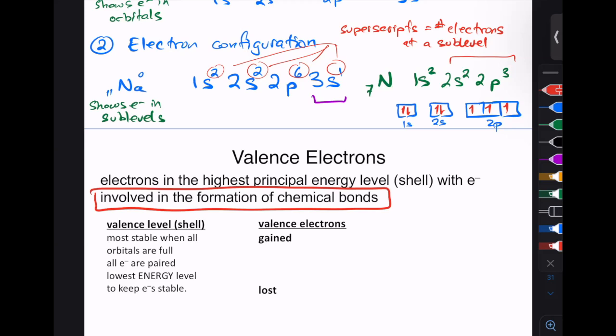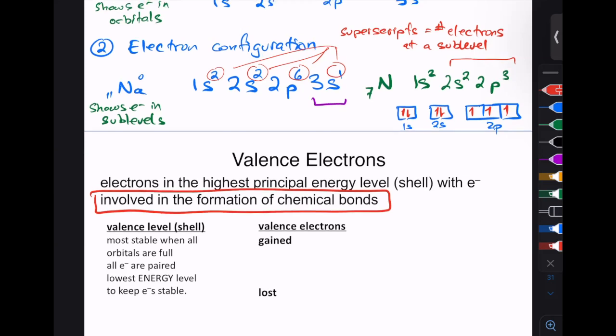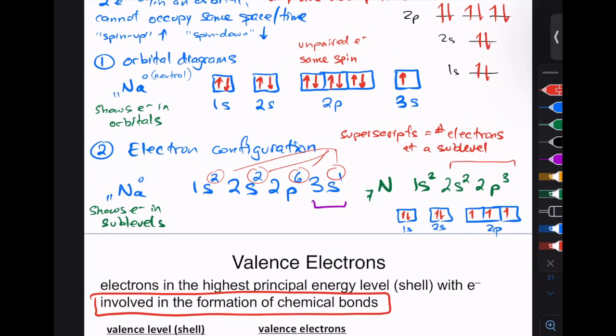So everything we're doing for the rest of this semester, when we're moving things around and making bonds and breaking bonds and losing electrons and gaining electrons, it's only the valence electrons that are involved in the chemical reactions that we're studying. So when sodium reacts, it's just that one valence electron that's involved. All those other electrons in the other principal energy levels that are full, they're not involved.